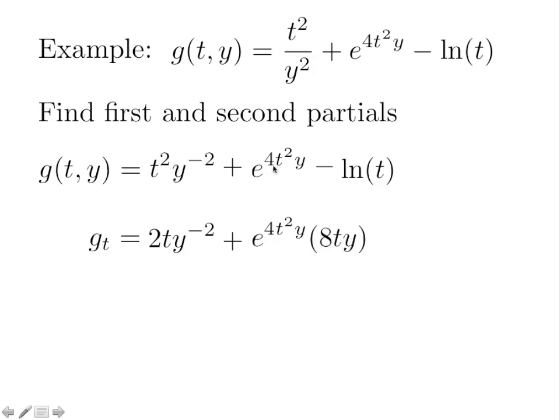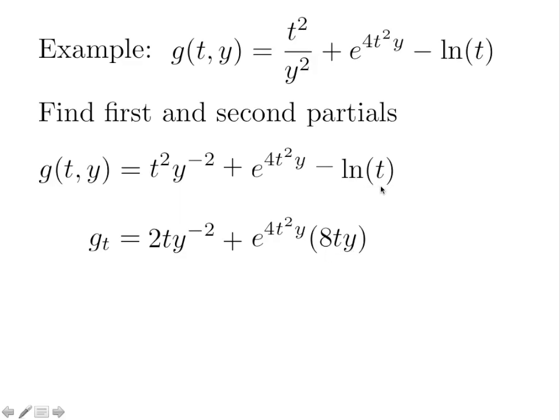And then you multiply with the derivative of the inside function, which is 8ty. Because the inside function is 4t squared y, and we need to find the partial derivative with respect to t, y is the constant. That's why you just look at the variable t. And the derivative of t squared is 2t. That's why you have 4 times 2 times t times y. Altogether, you have 8ty.